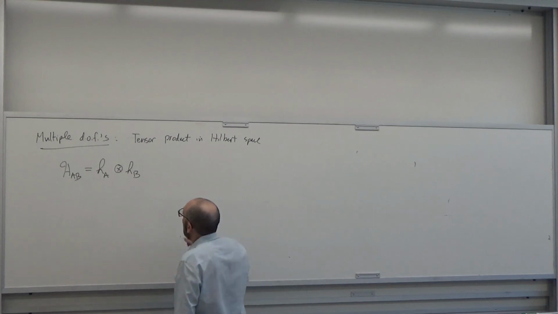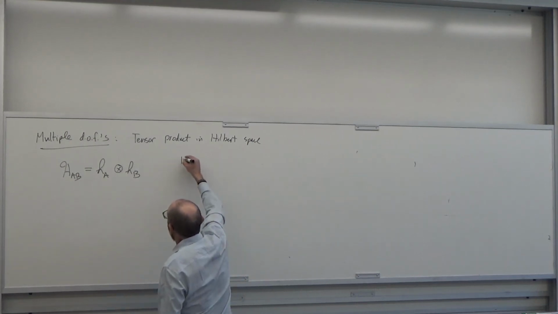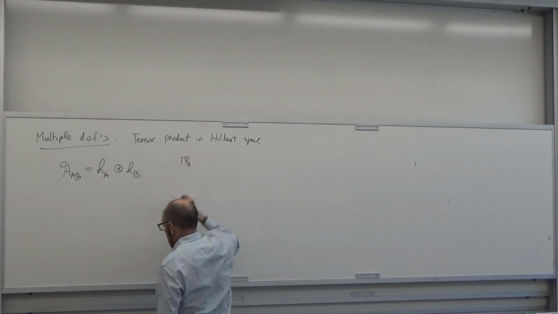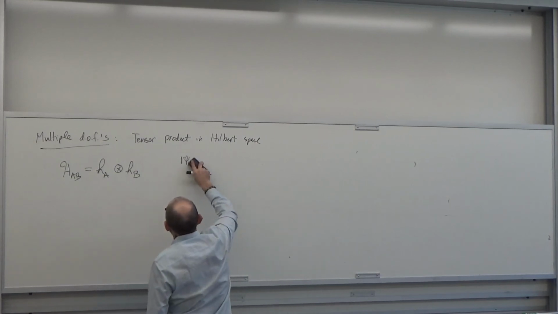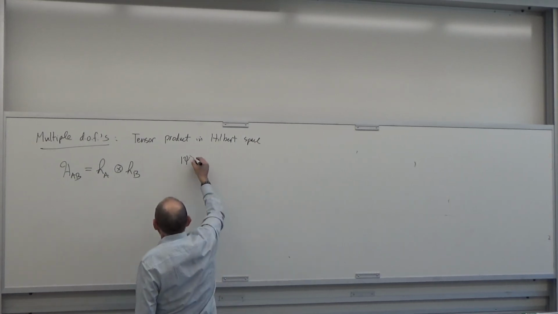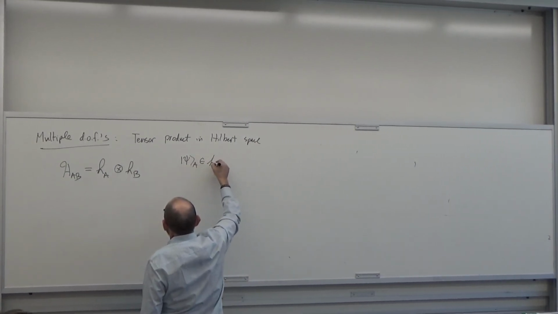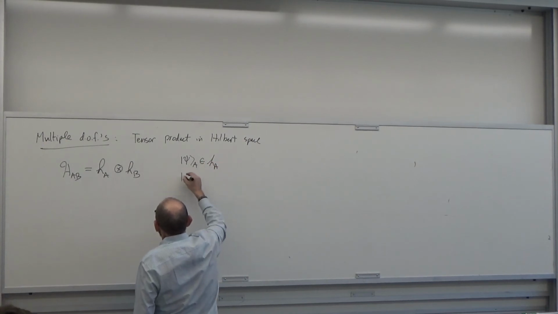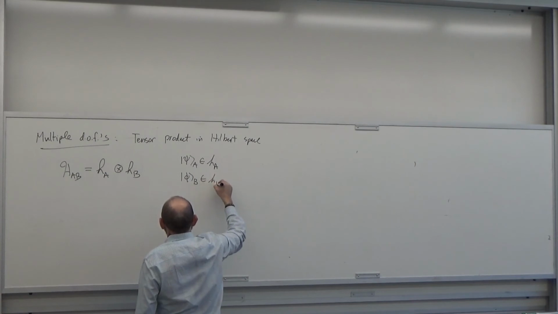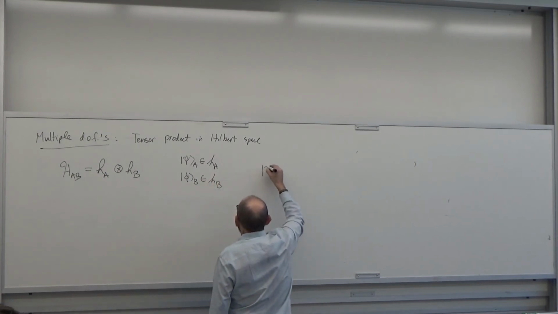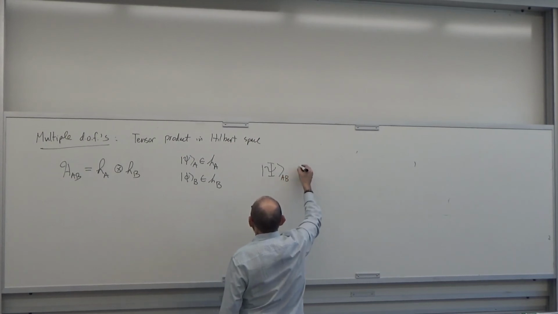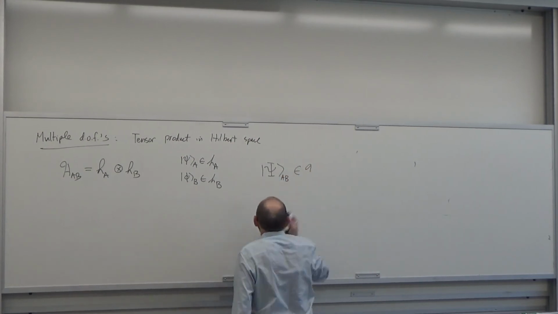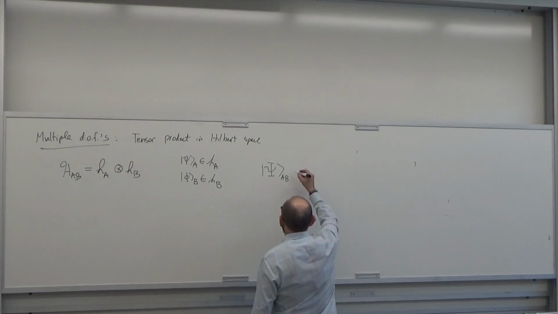So we define formally, if psi is a vector in Hilbert space A, and phi is a ket in Hilbert space B, then I can define a joint state in the joint Hilbert space by the tensor product of these two.